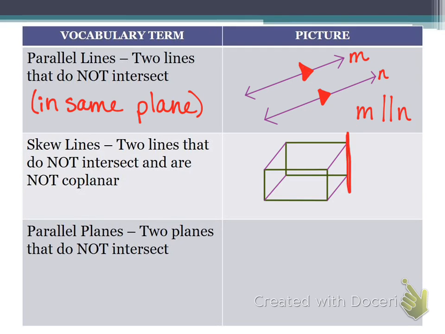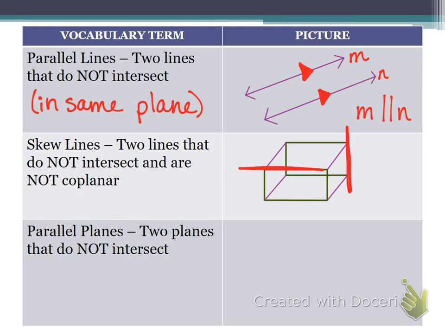If we extend this line back here, and then we extend this one that's in the front of our box on the top. Now, in 2 dimensions, if I were to keep this line going, sure, the red lines would cross each other. But if we think about this as being a box, these 2 lines, if it's like I'm taping string to a box, those lines would not cross each other.